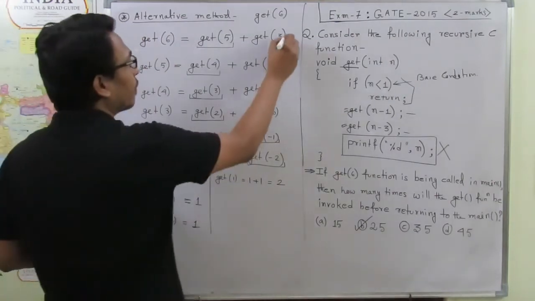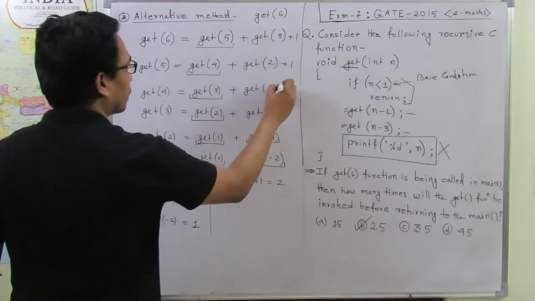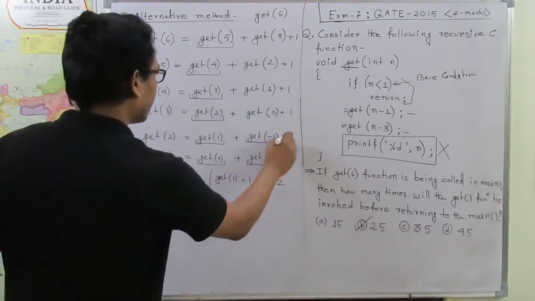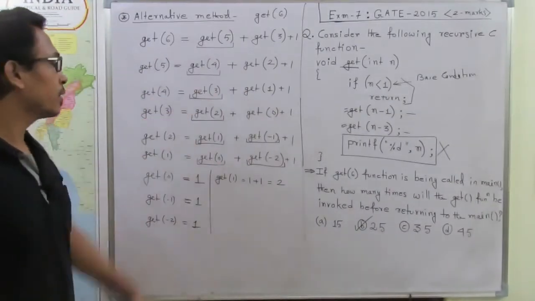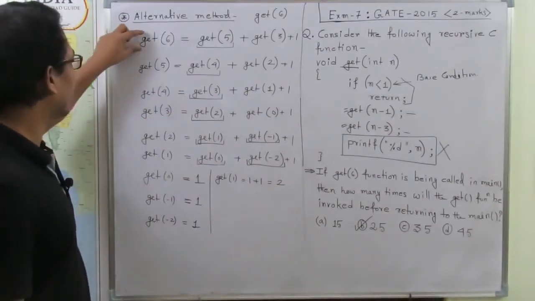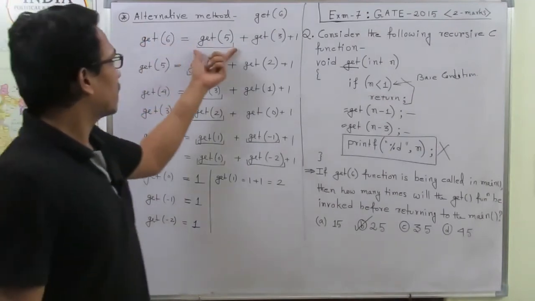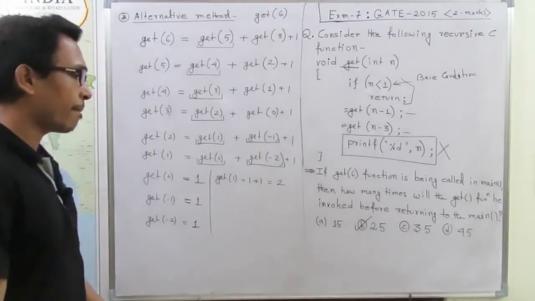That means with all of this we need to count plus 1 also. Why does this plus 1 come? This plus 1 comes for this particular function call. This is one call and this one call is not included here. Because of that reason we need to add this.